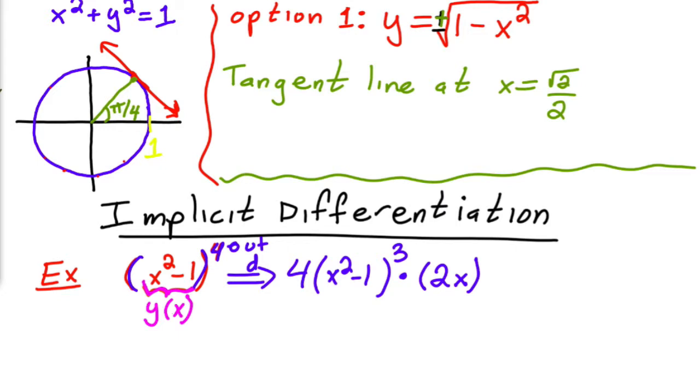Okay, so if y is a function of x, so what I did right here is, if I rewrite this thinking of this guy just in general as y, I brought the 4 down, I left the inside alone, y of x, subtracted 1, and then I multiplied by the derivative of y with respect to x, right?